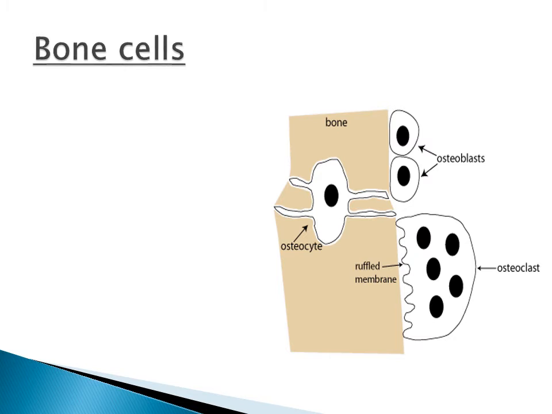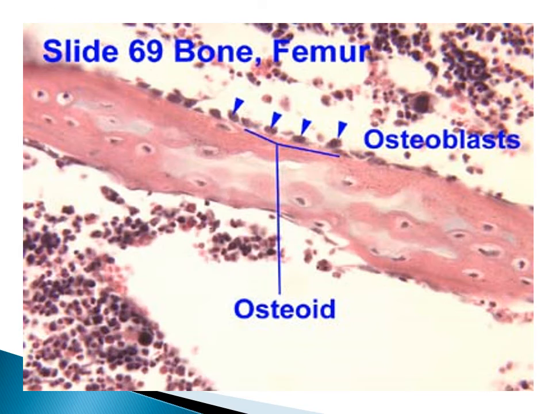This bone matrix undergoes mineralization by the deposition of minerals such as calcium and phosphate, which are subsequently transformed to hydroxyapatite. This slide histologically shows the osteoblast cells and the osteoid.